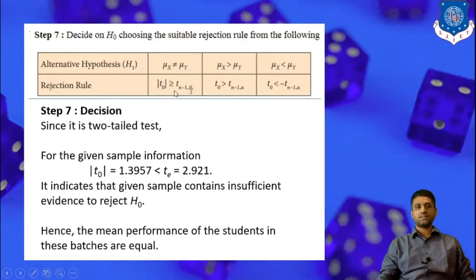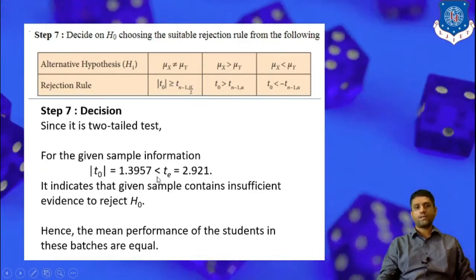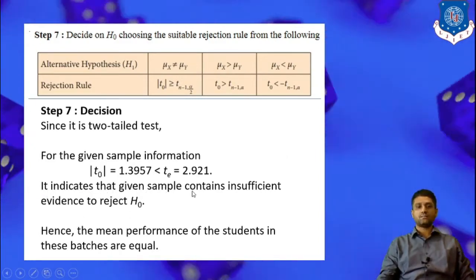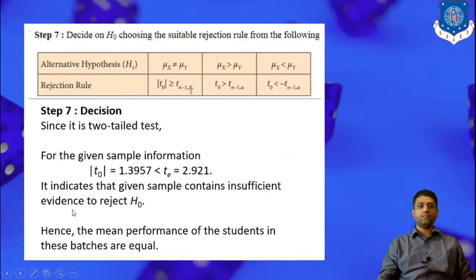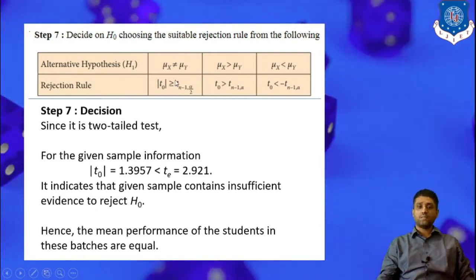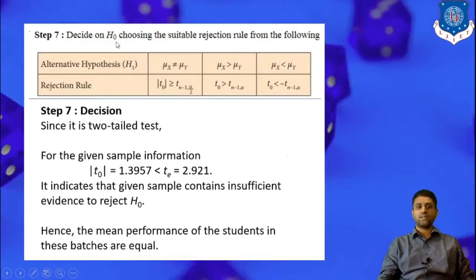But in this case, it is totally opposite. The rule requires greater than or equal to, and we obtained less than. It indicates that the given sample contains insufficient evidence to reject the null hypothesis. So the condition is not satisfied. If this condition were satisfied, we would say that the null hypothesis is rejected.